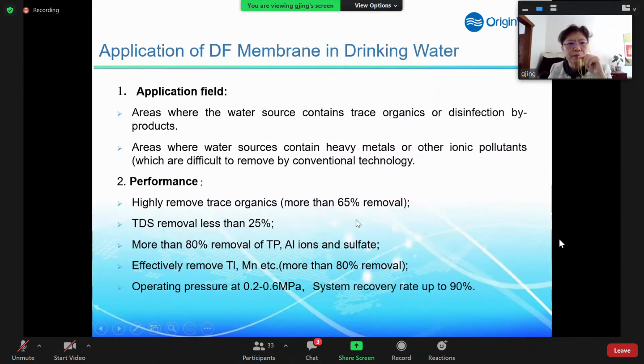Again, I need to emphasize that for nanofiltration application, we need to consider those areas where the water source contains trace organics or disinfection byproducts, and also the areas where water sources contain heavy metal or other ionic pollutants. Those kinds of contaminants are difficult to remove by conventional technology.